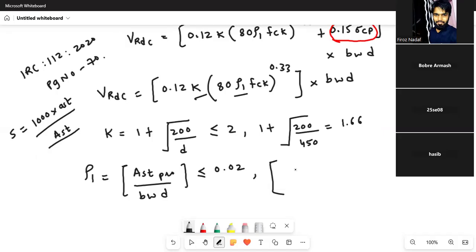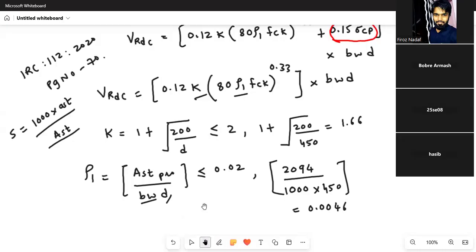Directly I will write here AST equal to 2094. Rho 1 is 2094 divided by BW, again the width of the slab, 1000, into small d, which is 450. So this is coming as 0.0046, which is less than 0.02, and this value can be considered.